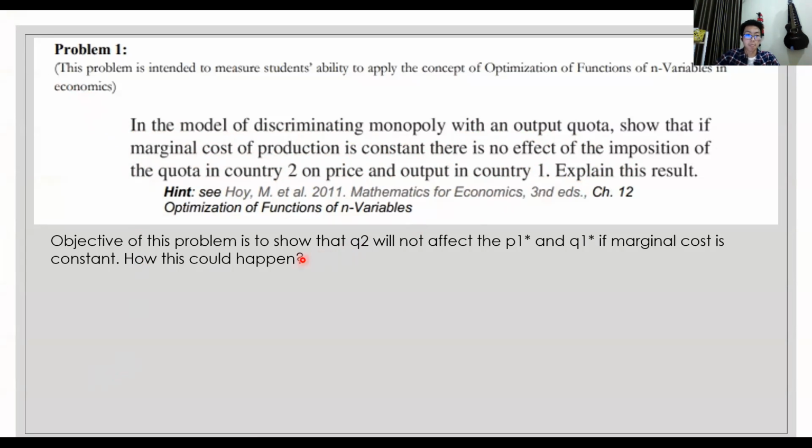Explain this result. So the objective of this problem is to show that a change in Q2 will not affect the optimal P1 and the optimal Q1 if marginal cost is constant. And how could this happen?